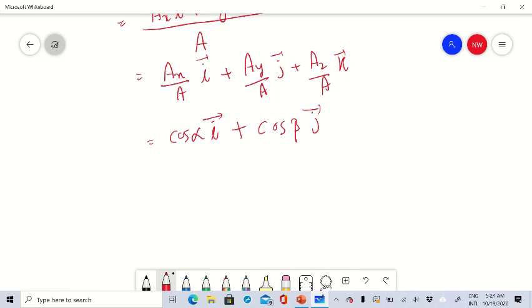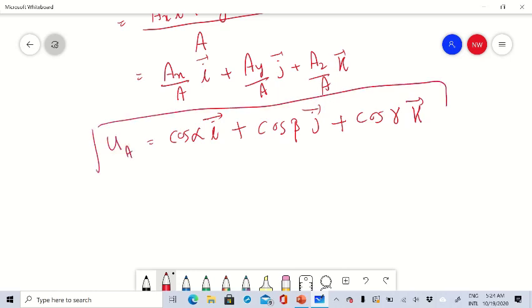Beta means the angle between the tail of vector A and the positive y direction, plus AZ over A means cos gamma k. So a unit vector can be expressed this way also, using the direction cosines.